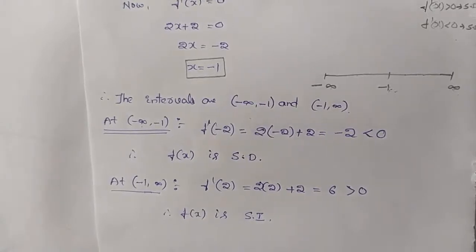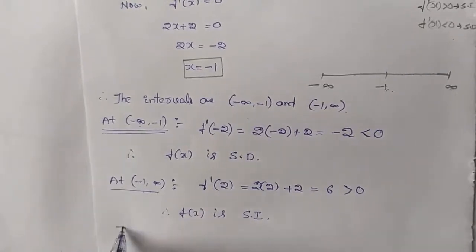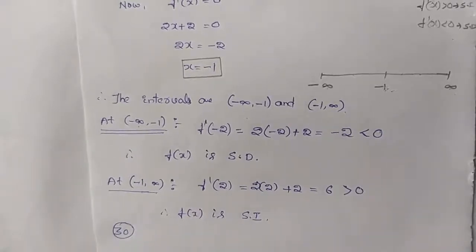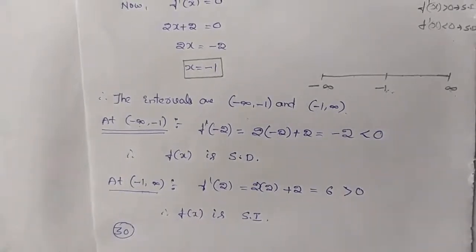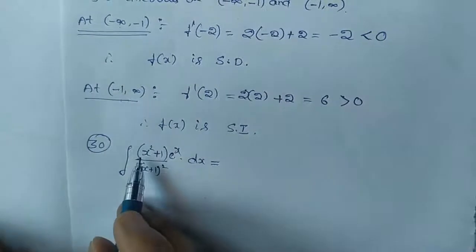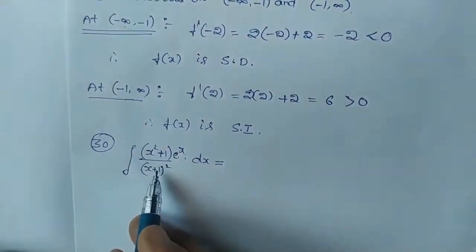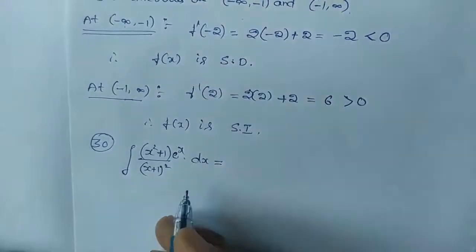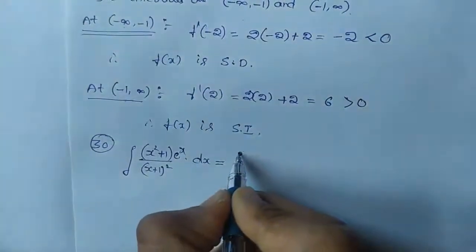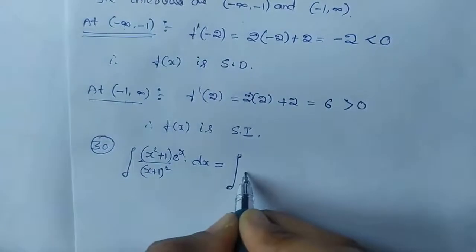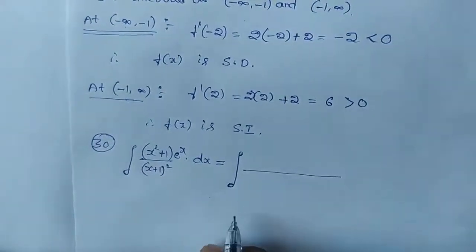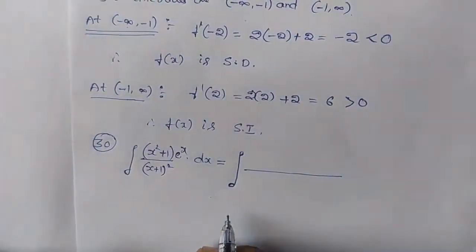Next, see the 30th question. Find the integration of x square plus 1 into e power x divided by x plus 1 whole square. For this question we need to rearrange the numerator.